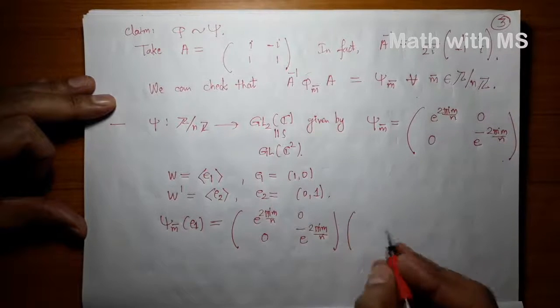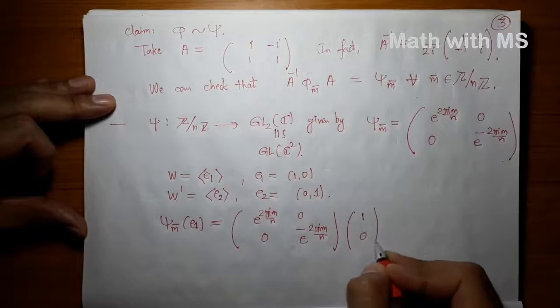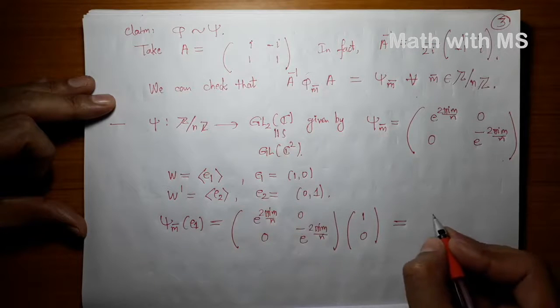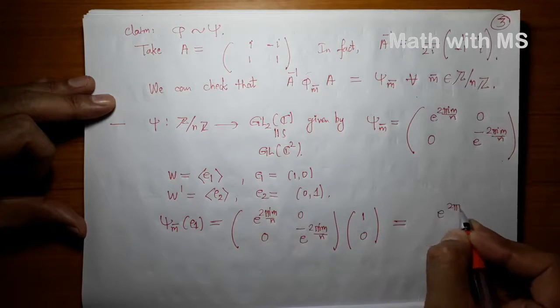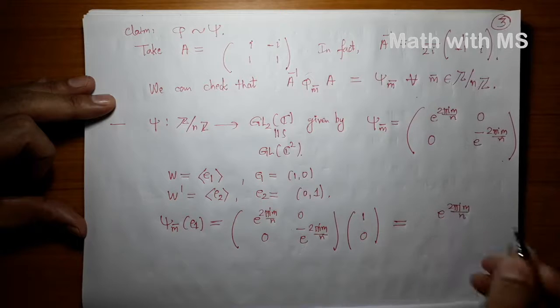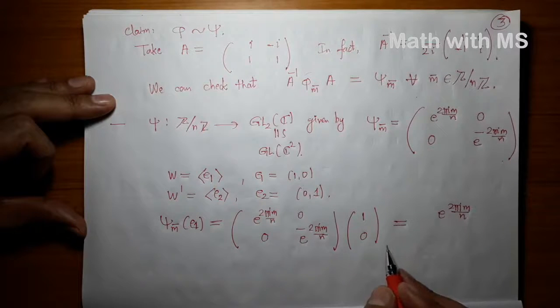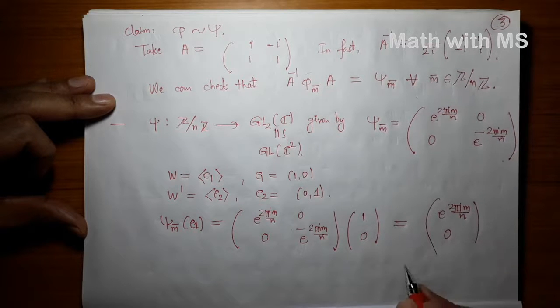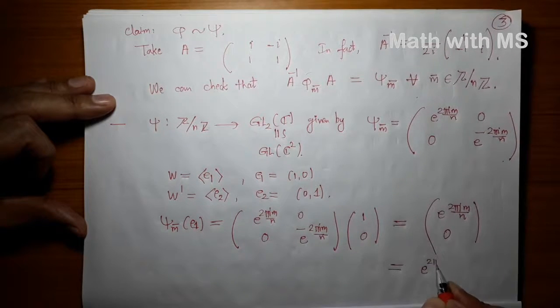If you view E1 as the column vector (1, 0), this is simply the first row first column, which is e to the power 2 pi i m by n, and second row first column is simply 0, which you can write as e to the power 2 pi i m by n times E1.